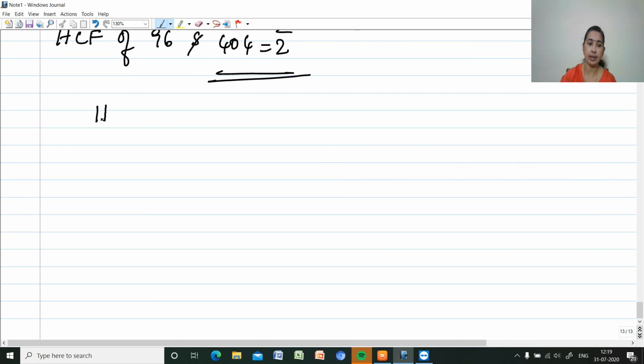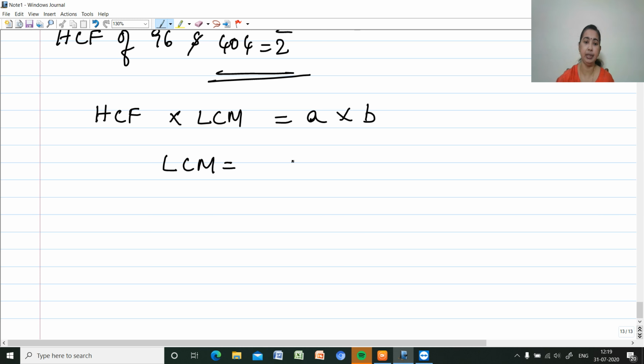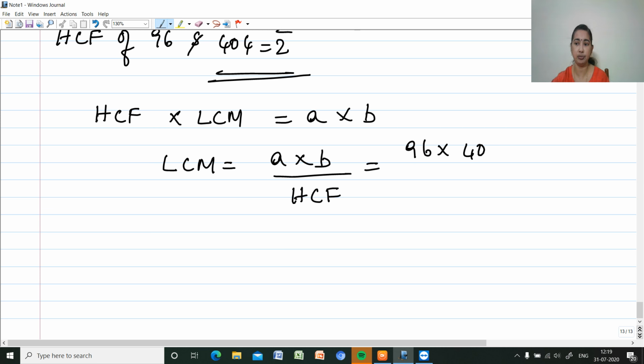We know that HCF of two numbers into LCM of two numbers gives A into B, the product of two numbers. So the LCM is A into B divided by HCF of the two numbers. A and B are the two numbers, that is 96 into 404, divided by HCF, which we have got as 2 square, that is 4.